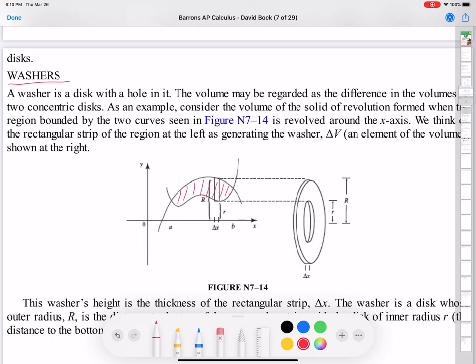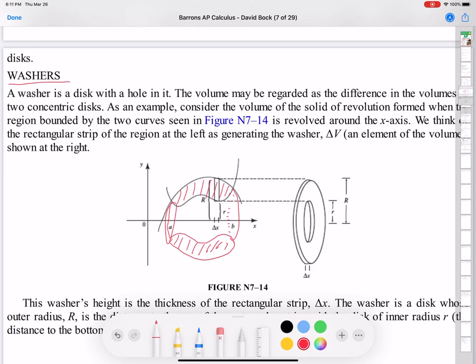If the boundary region is rotated around the x-axis, you're going to make this kind of shape. The area bounded by those two function graphs is rotated around the x-axis, making a shape that is empty inside, like a jar.